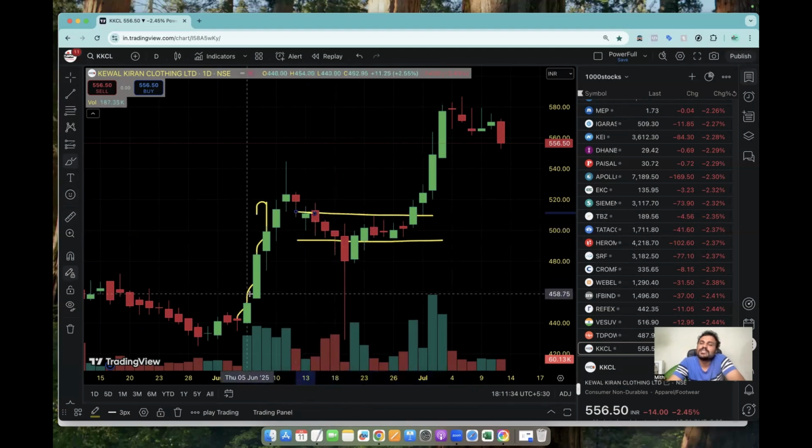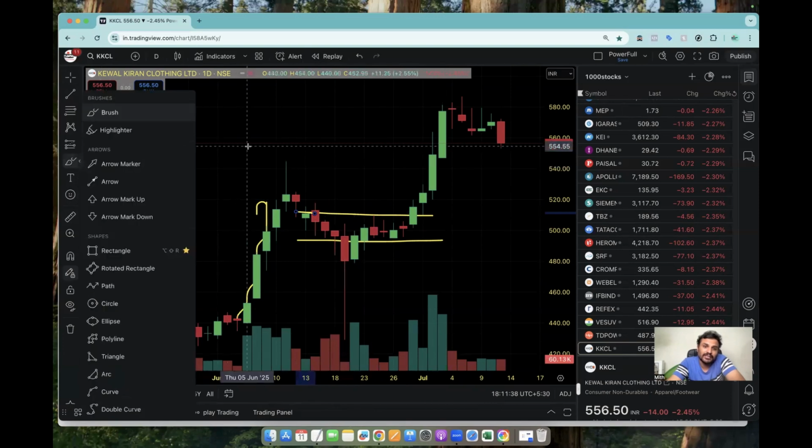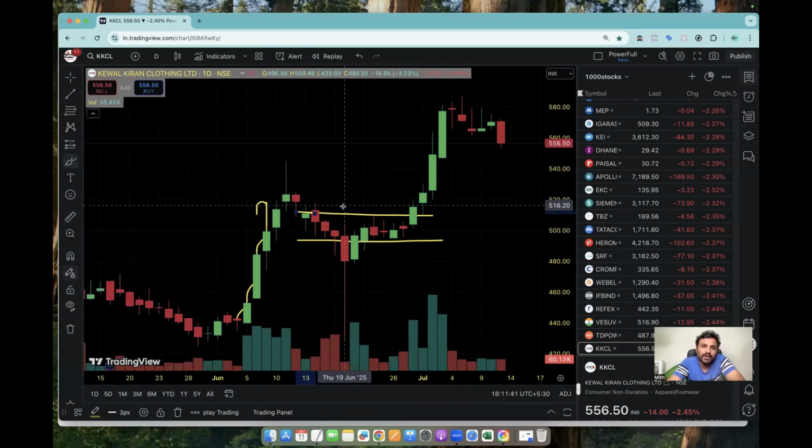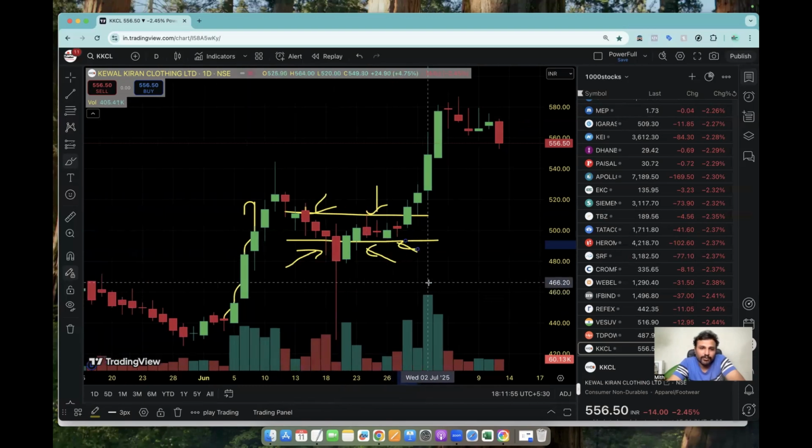Because it's not going to come as a textbook pattern. It's not going to come like that. How did I take this support and resistance? Because this is the place where it has touched, right? This is the place where it closed below, and this is the place where it has taken multiple supports. Can you see that? So that is why I took this as a flag, if you ask me.